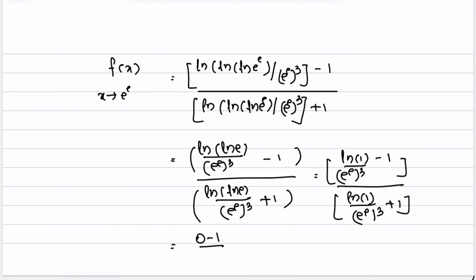That is 0 minus 1 by 0 plus 1, that is equal to minus 1.